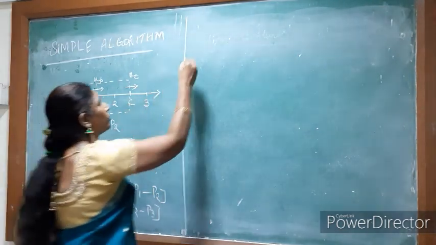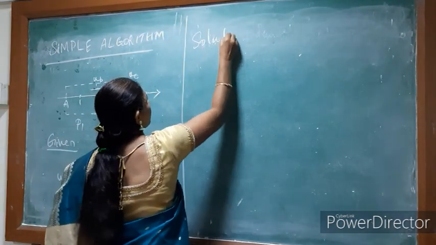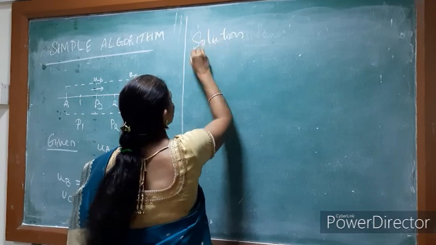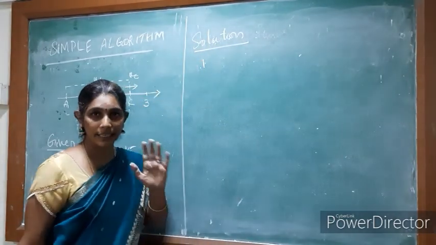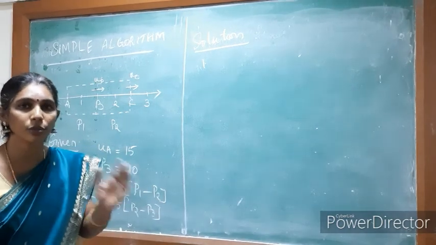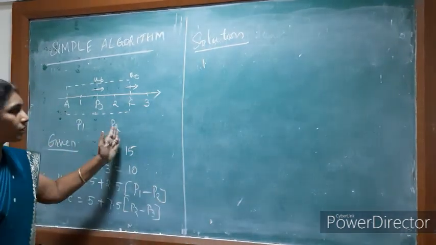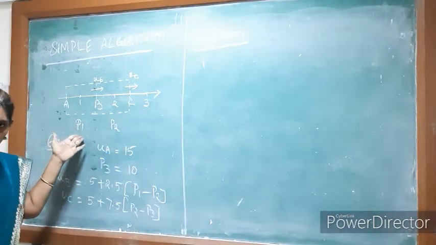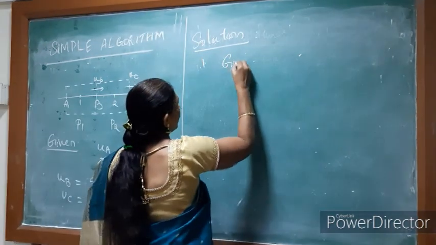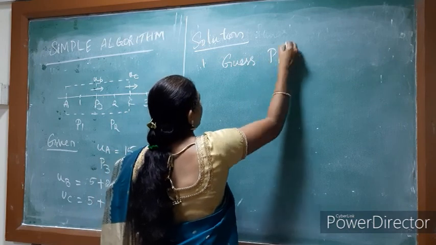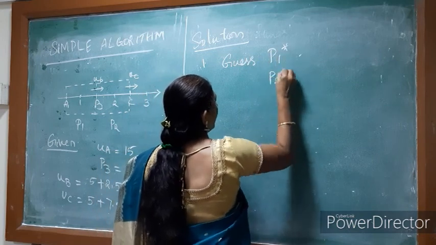Now coming to the solution part. Our first step is to have a guess value for the pressures which are not known to us. So when I say the pressures which are not known to us, they are nothing but 1 and 2 only, that is P1 and P2. So let me guess the value P1 star and P2 star.